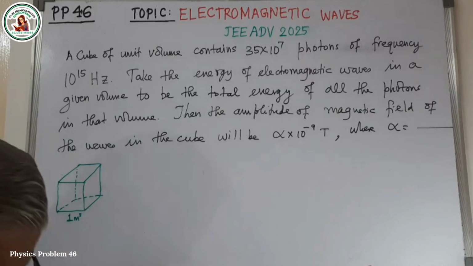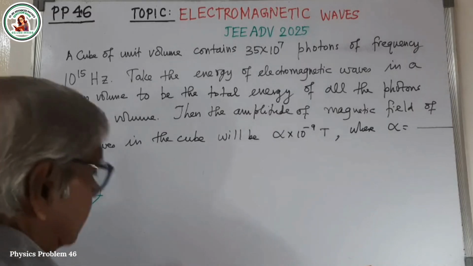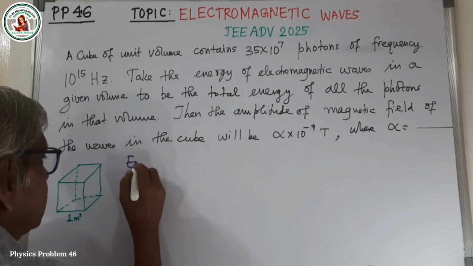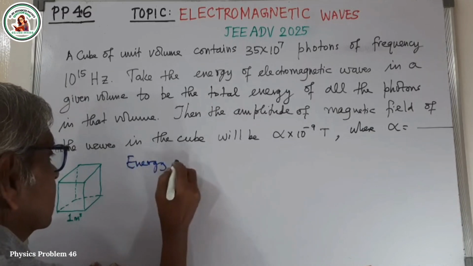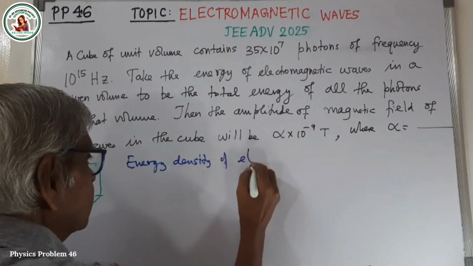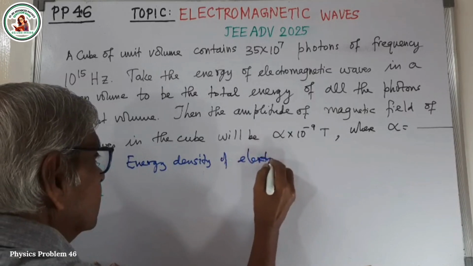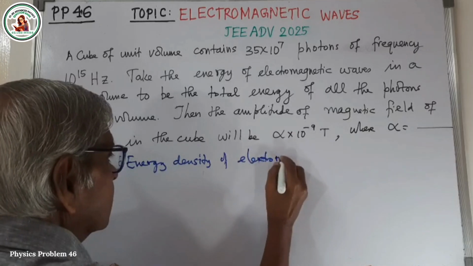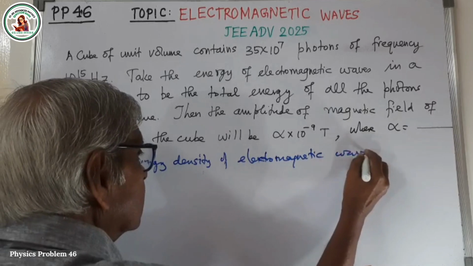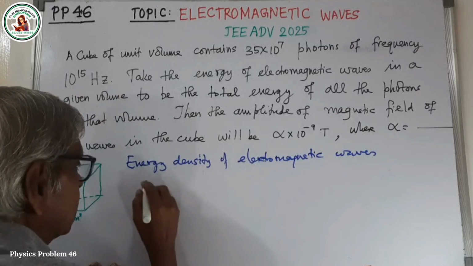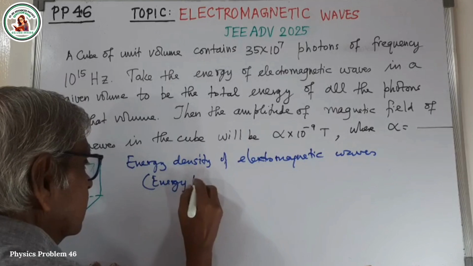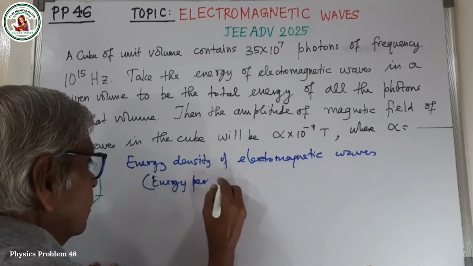So we go first by the formula for the energy density of electromagnetic waves. Energy density means energy per unit volume.